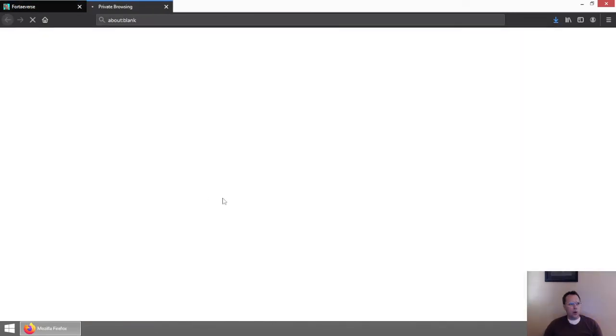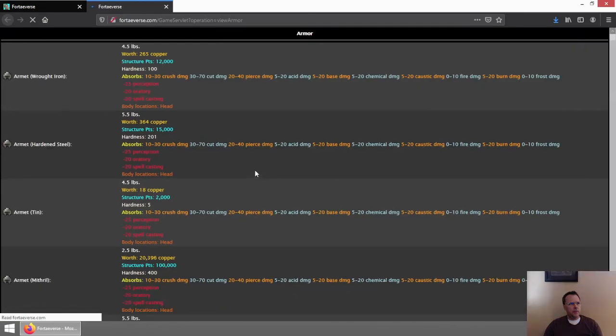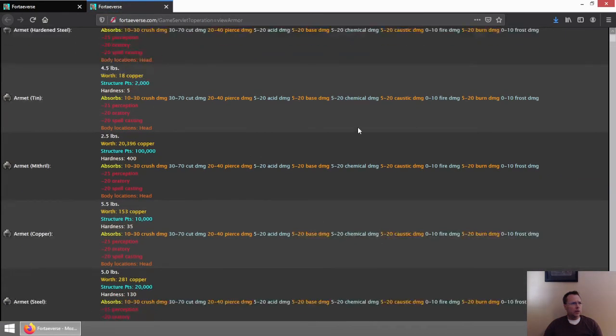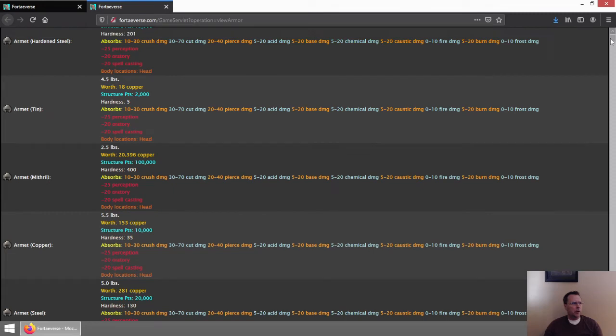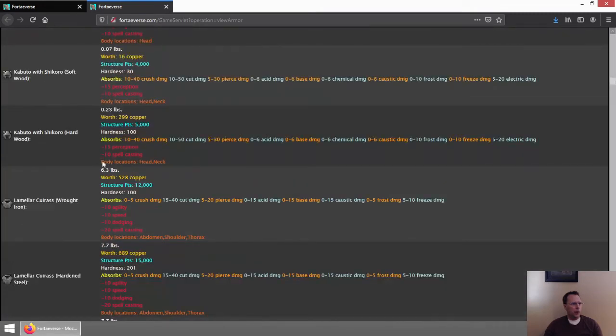So we also have the armor list. Again, you can get all kinds of information about all the armor. It shows you where the armor is worn. For example, this is on the head and neck. You can see sometimes some armor are detrimental to attributes, like the Kabuto is detrimental to perception because it kind of maybe interferes with vision or hearing a tiny bit.